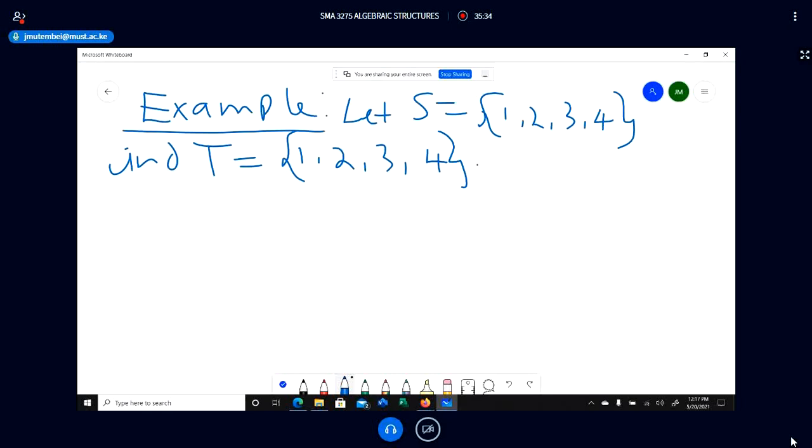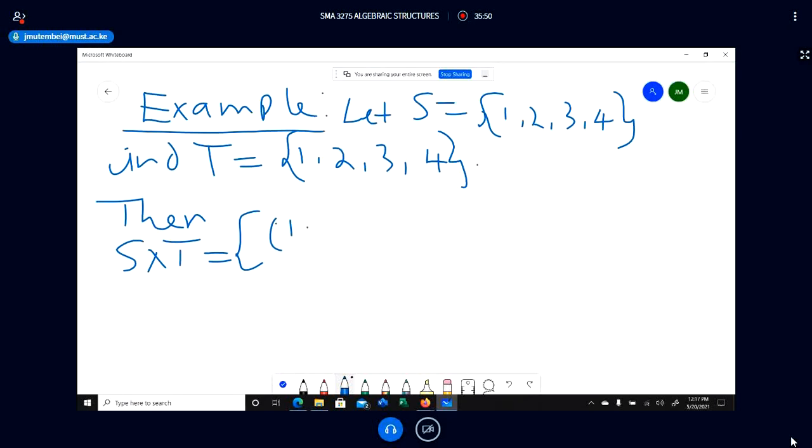So the Cartesian product S cross T will be this collection of points.